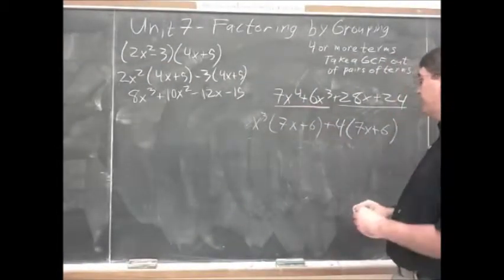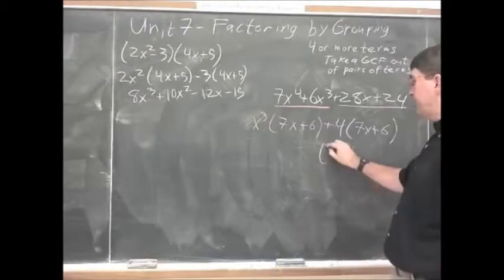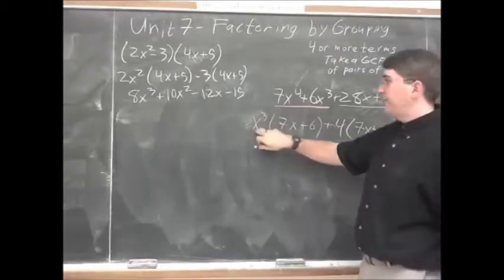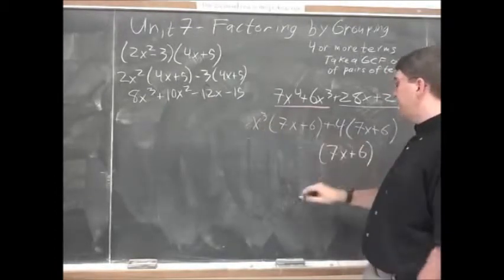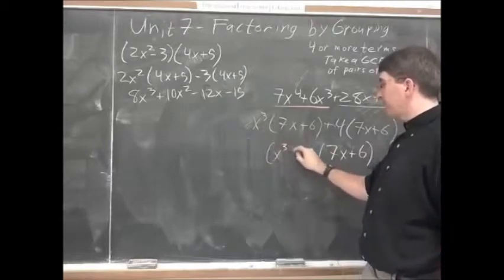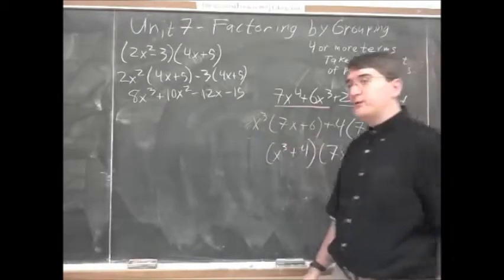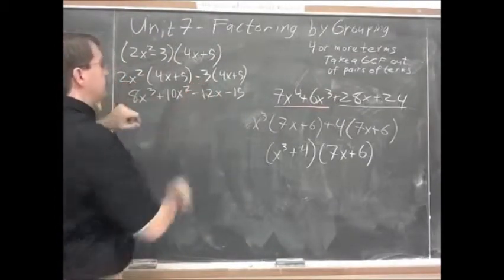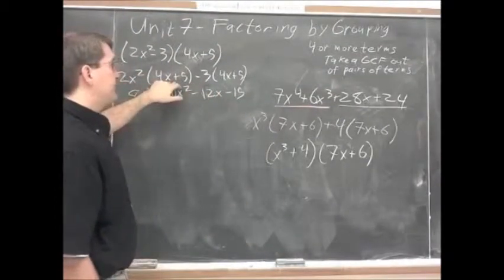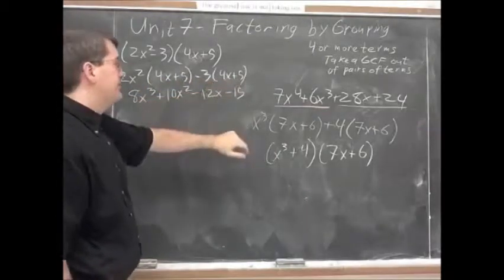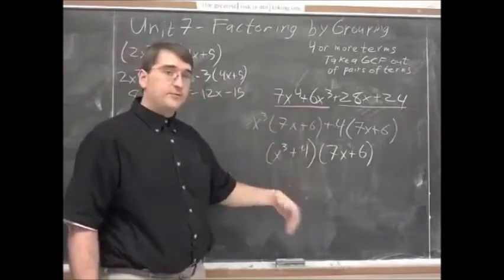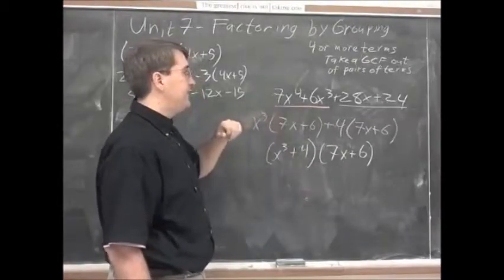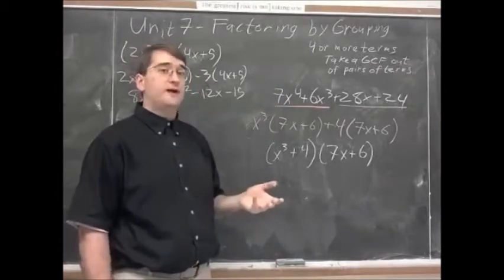Because that 7x plus 6 and 7x plus 6 is a common binomial term, we can get 7x plus 6 as a common term, and that means that the x to the third plus 4, that must have been the other binomial. Just like we have the 2x squared minus 3 breaking apart to get 2x squared times 4x plus 5 and minus 3 times 4x plus 5. The process can be reversed. And so this is our factored form. This is the factored version of that original polynomial. And this is how factoring by grouping works.